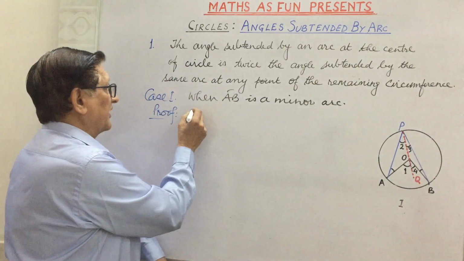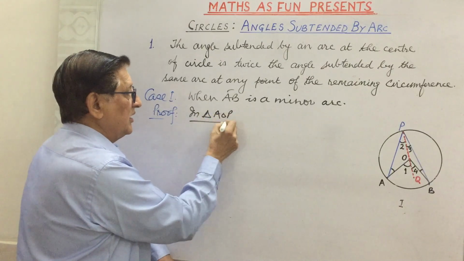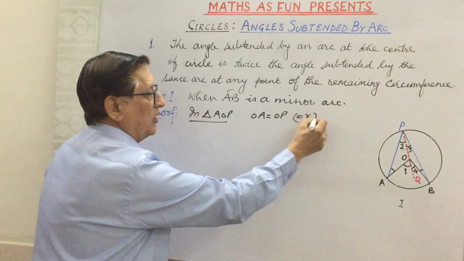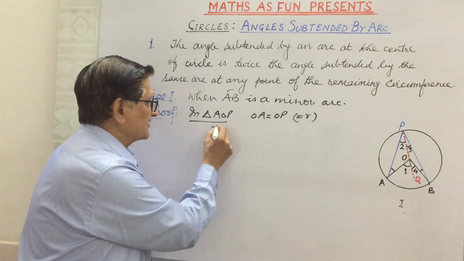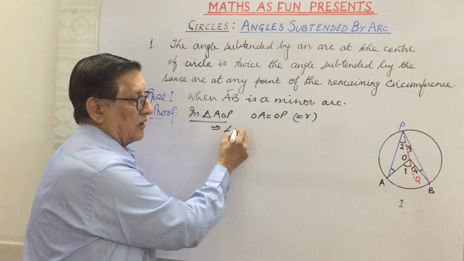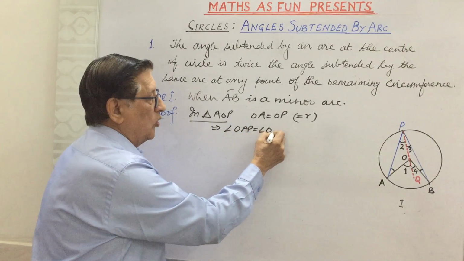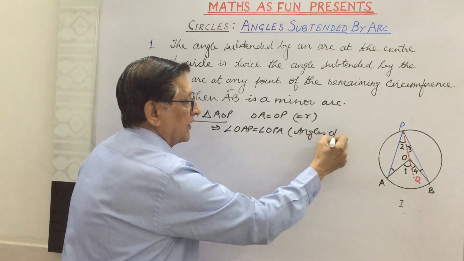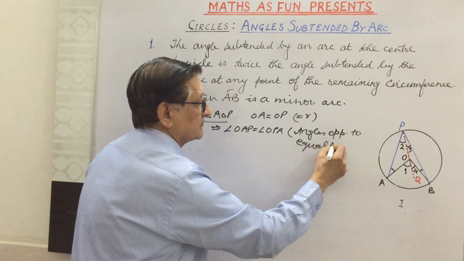So applying that, we write in triangle AOP, OA is equal to OP, that is equal to r, the radii of the same circle. This implies that angle OAP is equal to angle OPA, that is, angles opposite to equal sides.